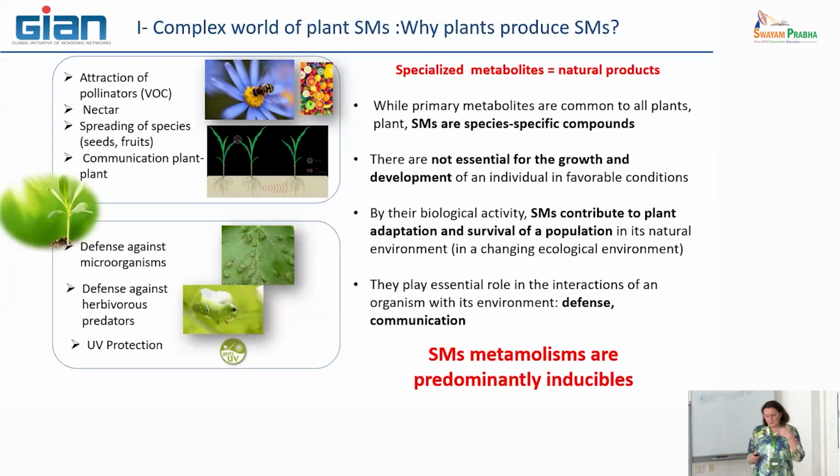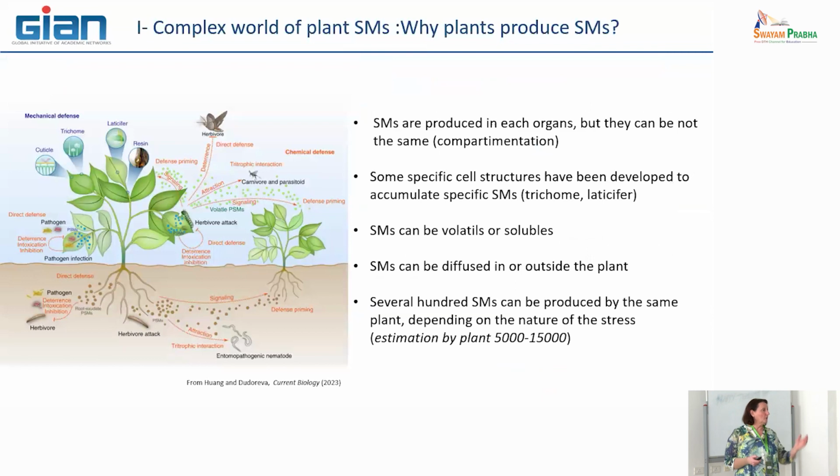There is also another idea that we have to understand: in the plant, the metabolites are not produced in each organ. For example, if you have some metabolites that are produced in the leaf after an attack of herbivore, it is not necessary for the plant to produce exactly the same in the roots, because this predator is not a predator of this part of the plant.